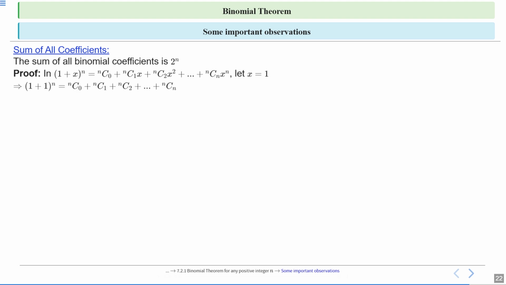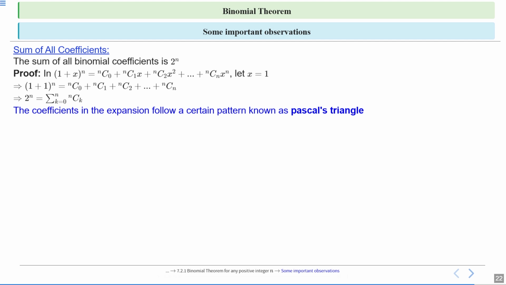It implies (1+1) whole to the power n is equal to nC0 plus nC1 plus nC2 plus ... nCn. And it implies 2 to the power n is equal to the summation k equal to 0 to n of nCk. The coefficients in the expansion follow a certain pattern known as Pascal's triangle.